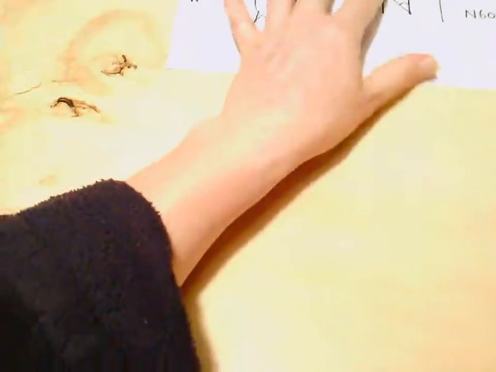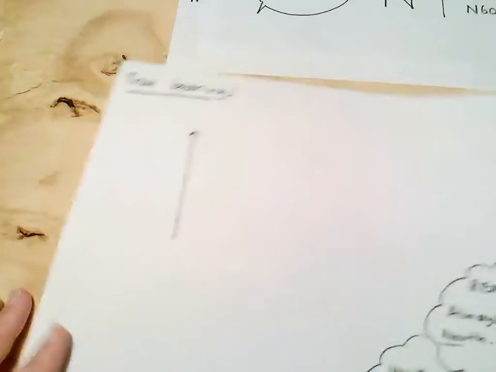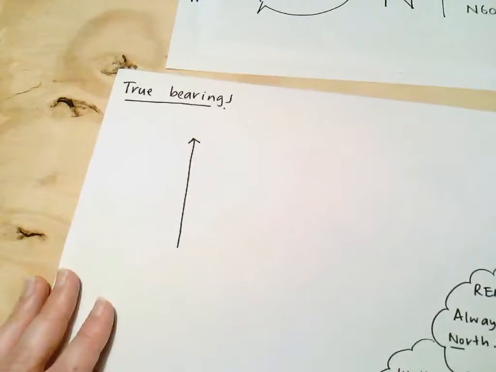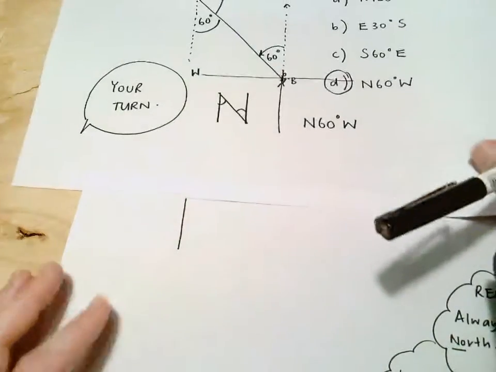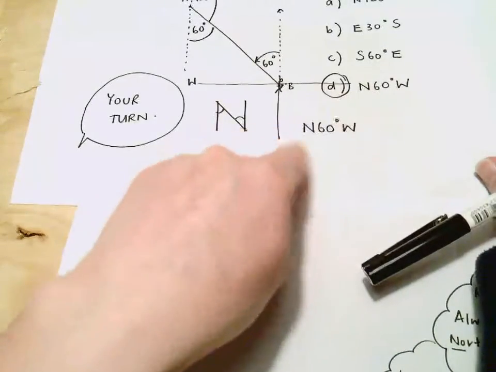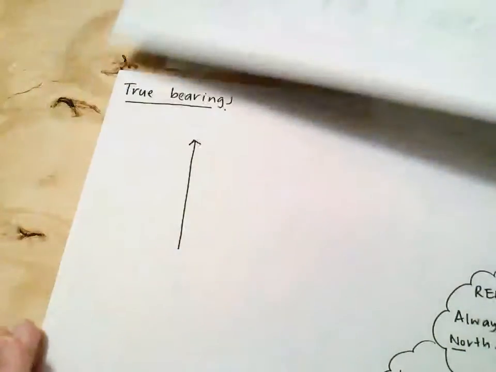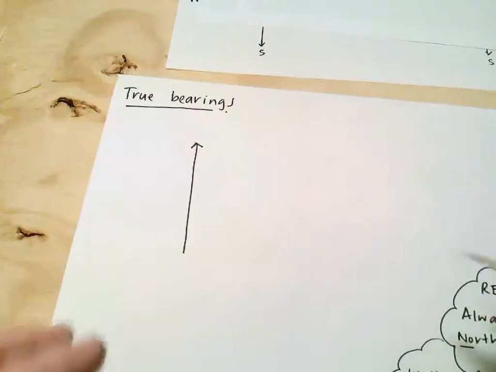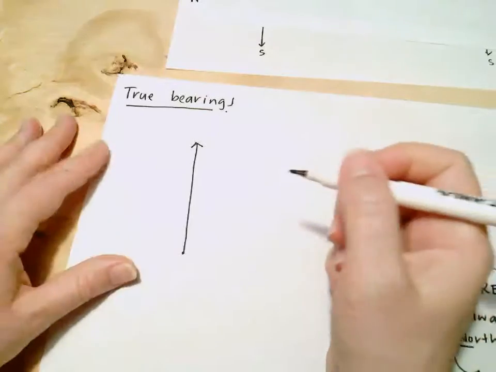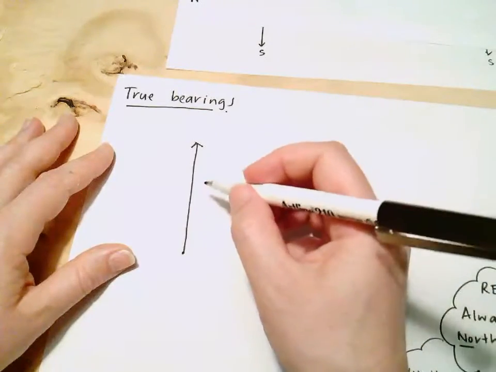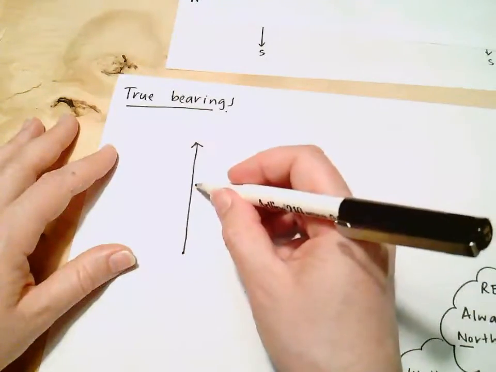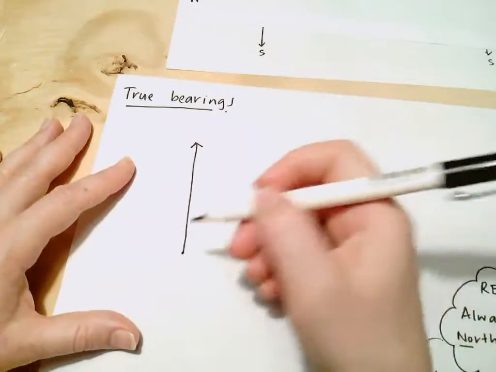Okay, let's look at the second part of this video, and that is true bearings. Now, in a compass bearing, you notice that we always had these letters, north, south, east, west, those sorts of things. In a true bearing, we are only interested in the angle formed by the northerly direction and the particular direction that we're looking in.